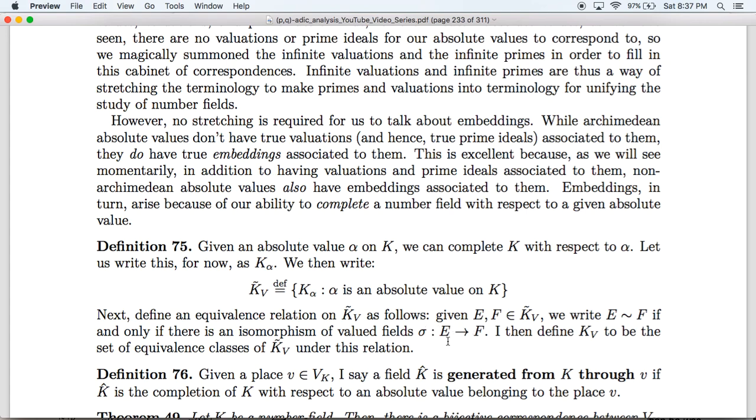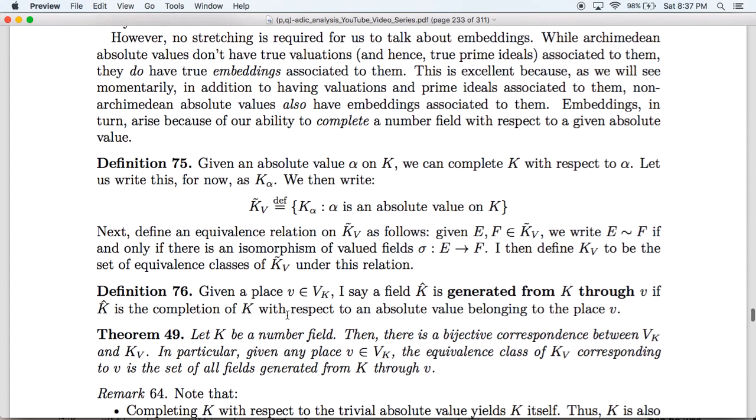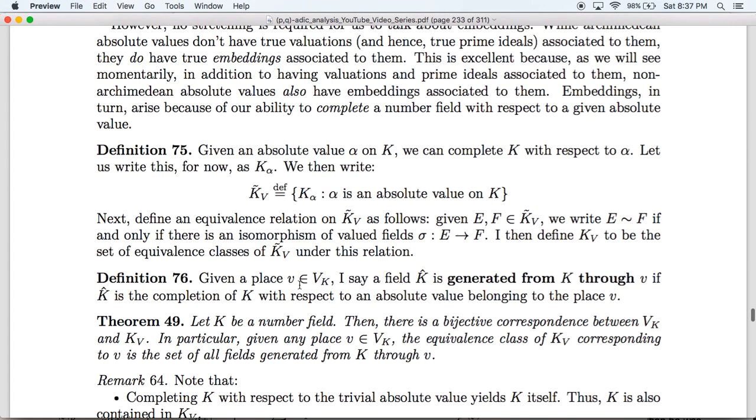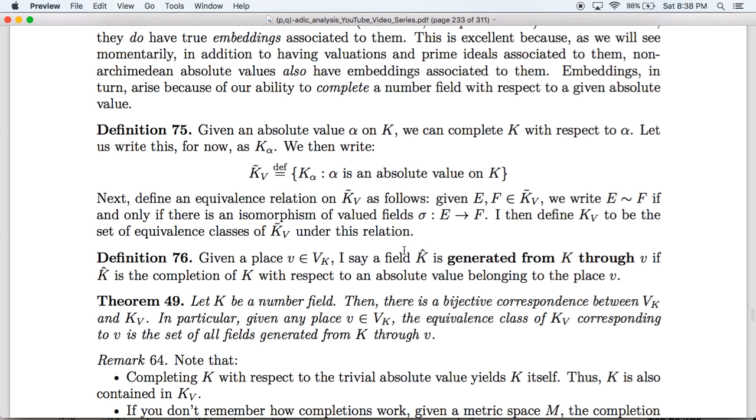This isomorphism here is both a field isomorphism and a homeomorphism, so it's preserving the topology. I then write KV to be the set of equivalence classes of the set of completions under this relation. And so, given a place V, I say that the field K hat is generated from K through V if K hat is the completion of K with respect to an absolute value belonging to the place V. So let K be a number field.